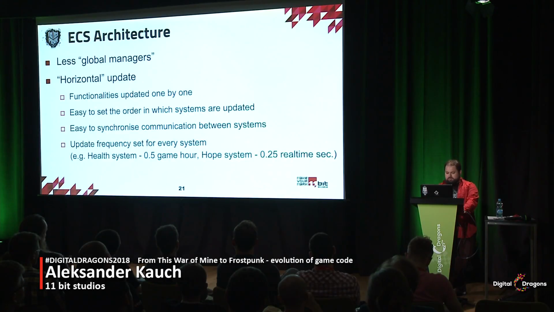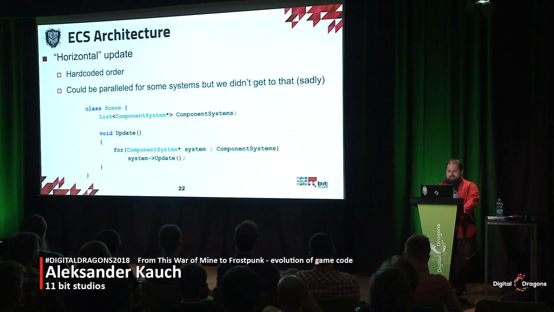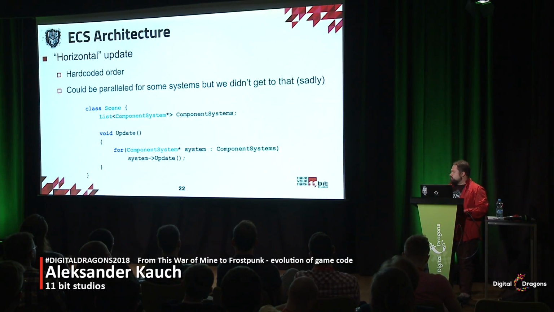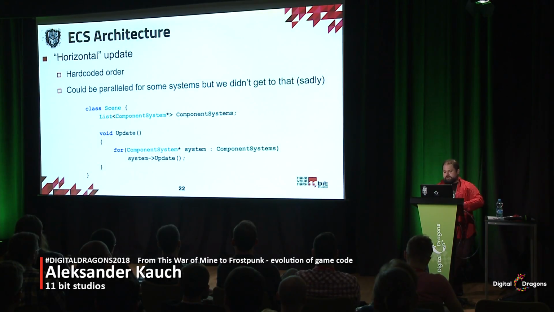Of course, they could be configurable, but there are some problems with that, which I will get to a bit later. How does this horizontal update work? Again, we've got a scene, but without a list of entities; now we have a list of component systems. And the update goes system by system, each and every one of them. We had a hard-coded order, so each time the update went through the systems, the order was set in code.